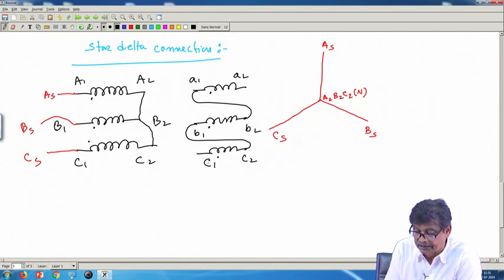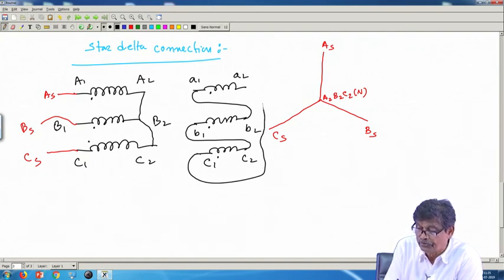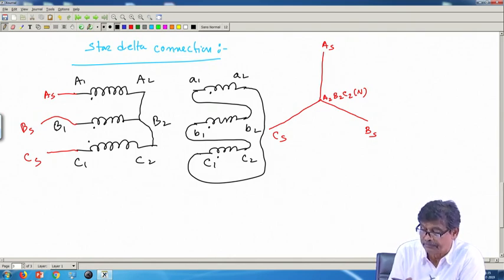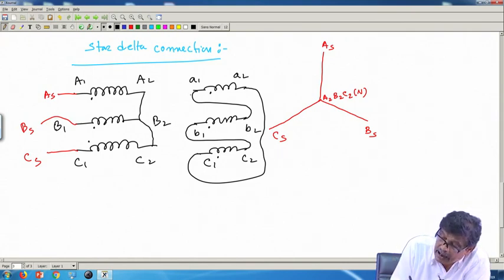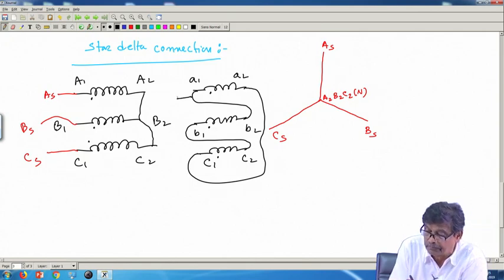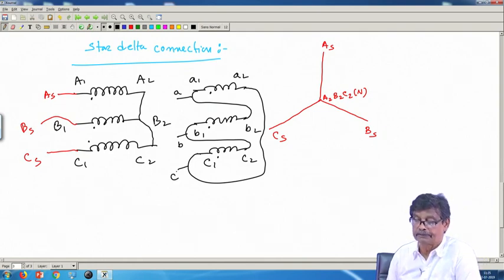So, you connect this closed circuit, there will be no circulating current, because I have been very meticulous, very careful about polarity marking, and that is why I am connecting, and this is my output terminal, small a, small b, which will go to load, 3-phase load, like that.